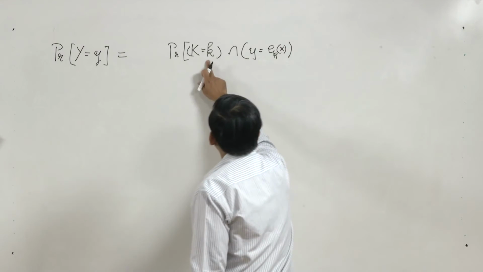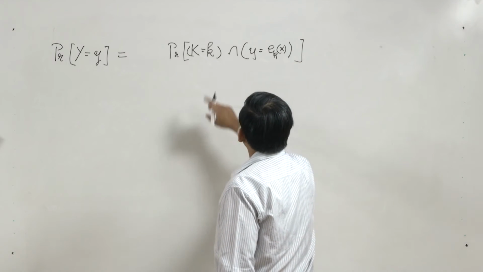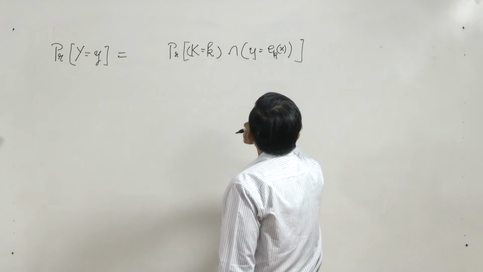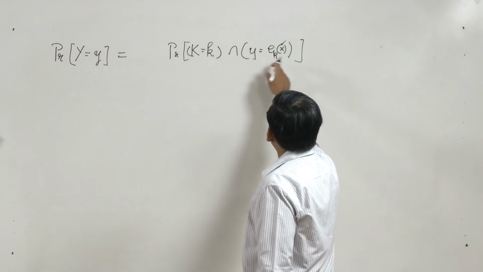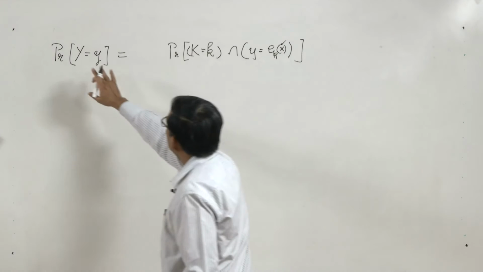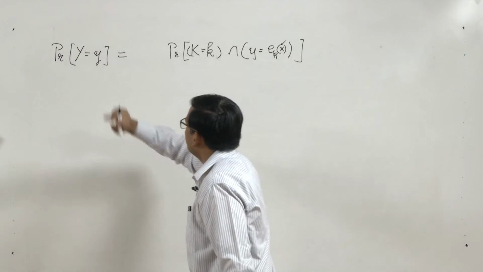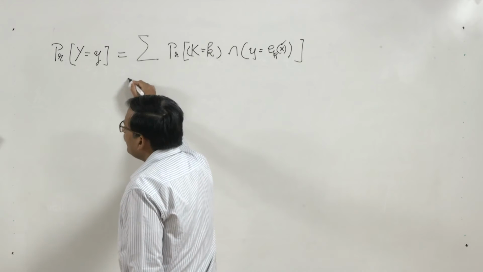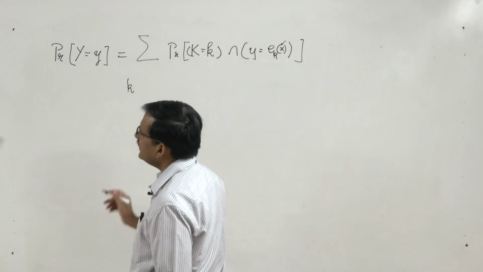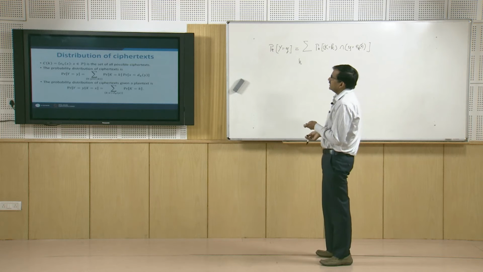So, for a given k inside the key space, if I find that there is a plain text whose encryption is y, then I know that I will get the encrypted symbol as y, and we have to sum over all possible k's, and here of course if there is no y corresponding to that k, I will not take that.